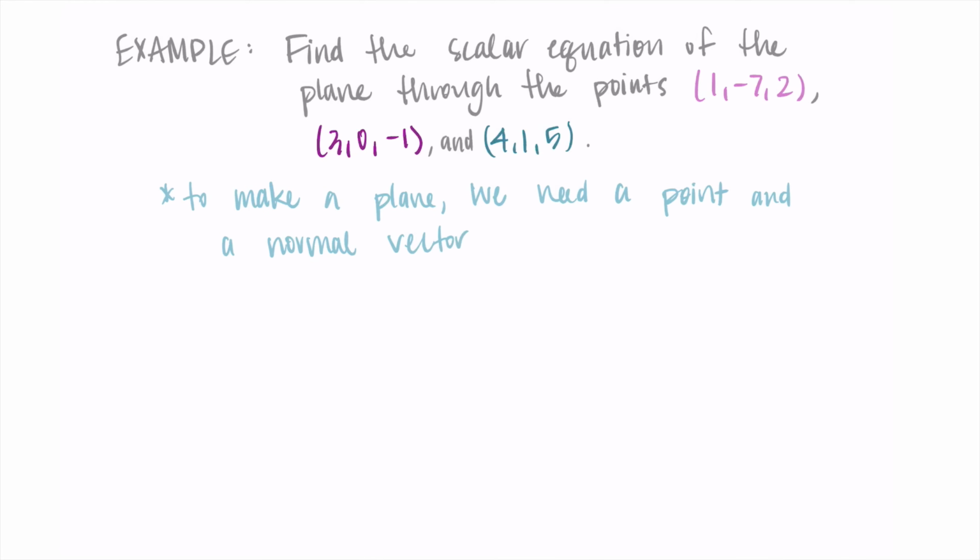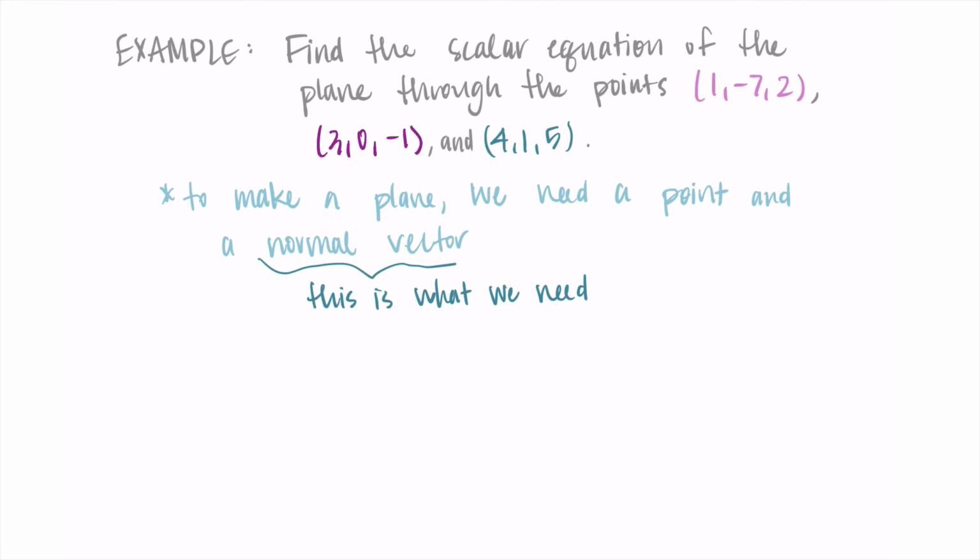And so here I have 3 points, right? I already have my points, but I don't have any normal vectors yet. So that's going to be our task, is to find that normal vector. Okay, so how do we go about doing that?